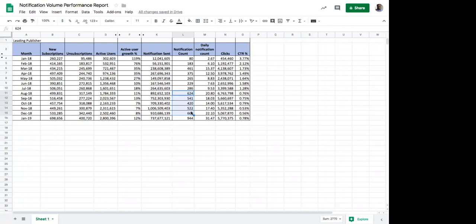CTRs have plummeted from 3.7% last year to 0.56%. That is literally one-sixth of what they had originally started from.